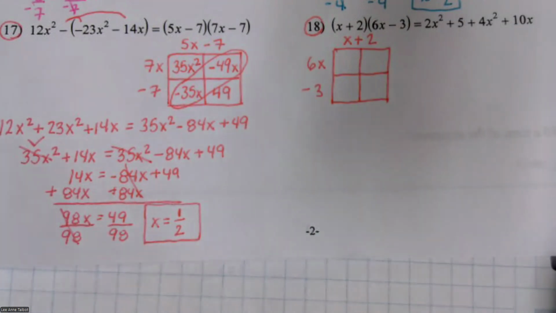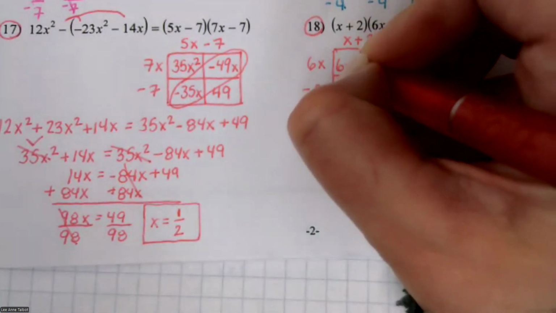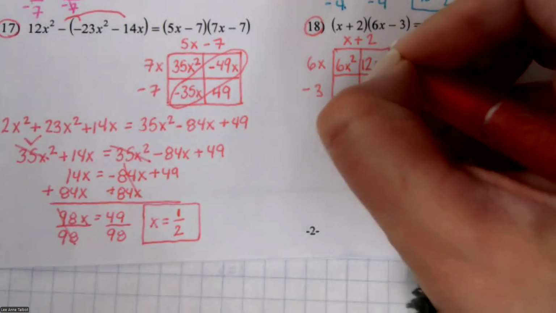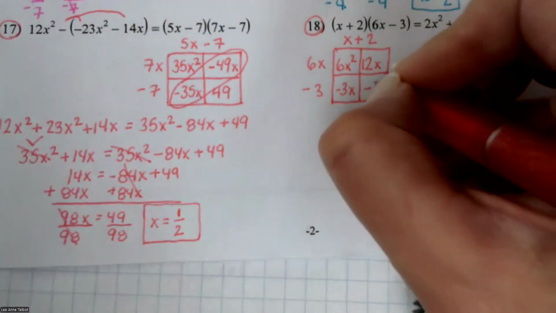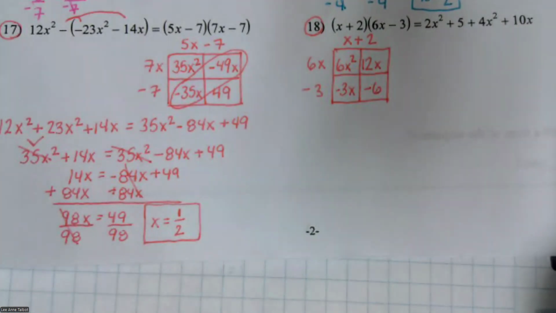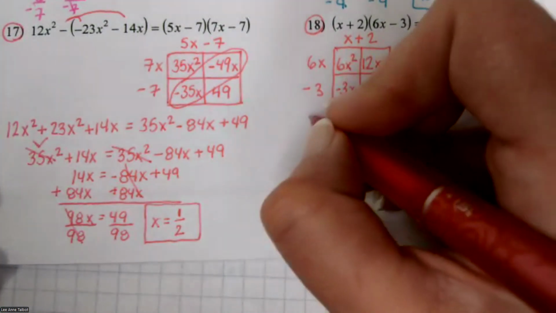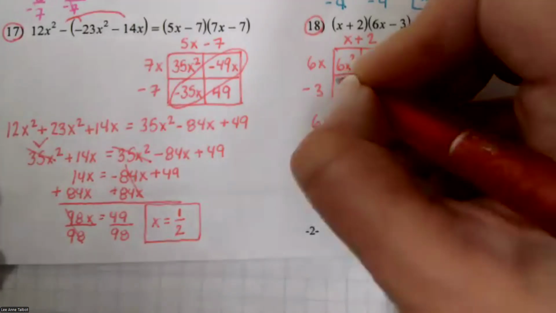Okay, so there's my box. 6x squared, 12x, negative 3x, negative 6. 6x squared.